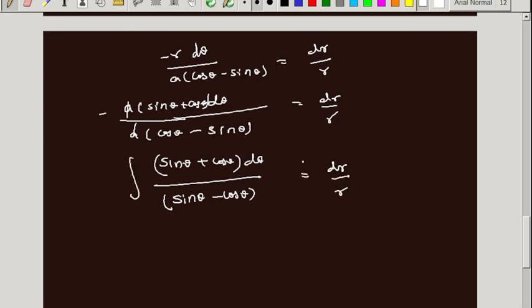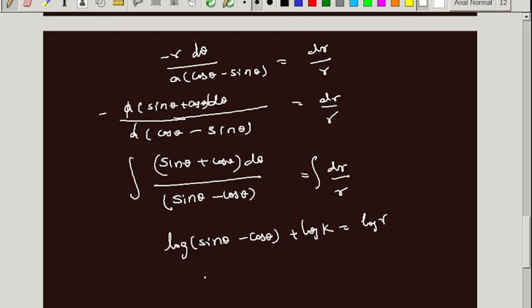Now we integrate this. We can write log sin theta minus cos theta, since the differentiation is 1 by sin theta minus cos theta, and the derivative of sin theta minus cos theta is cos theta plus sin theta, minus into minus being plus. So we get plus log k equal to log r.